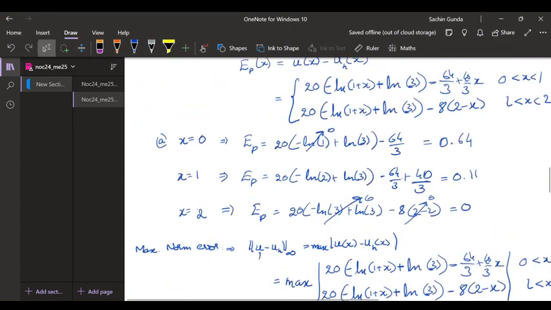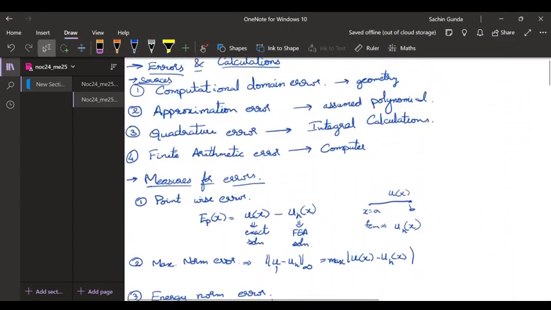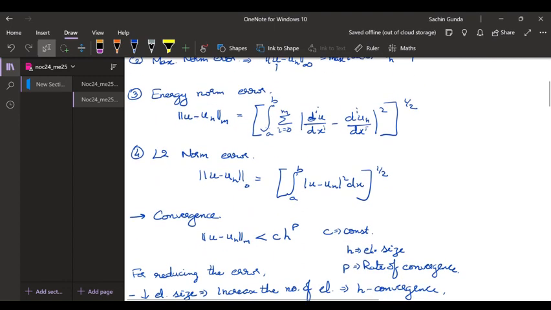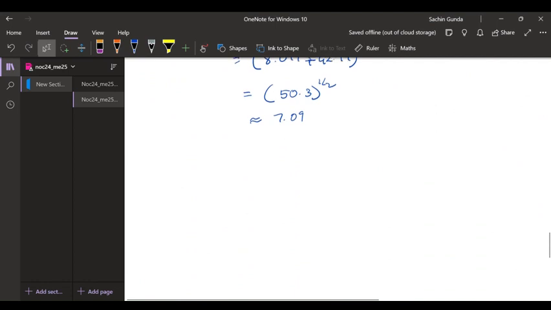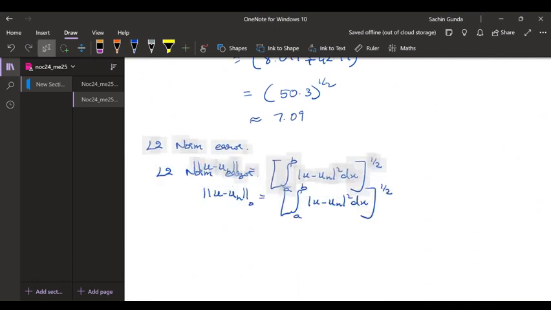Let's go to the final norm calculation, which is the L2 norm. In the L2 norm, it's an integral, but instead of derivatives, we directly take the primary variable and then find the integral. So this is the L2 norm.